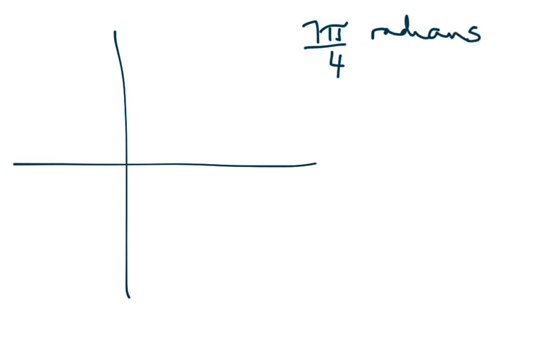And last example. Let's say we have 7 pi over 4 radians, and we want to know what the reference angle is. Well, let's start. Here is our initial. If we broke up this quadrant system into fourths, let's think about this for a second.